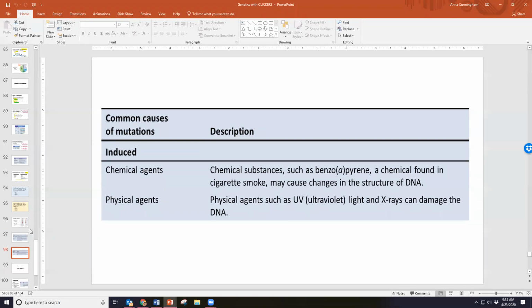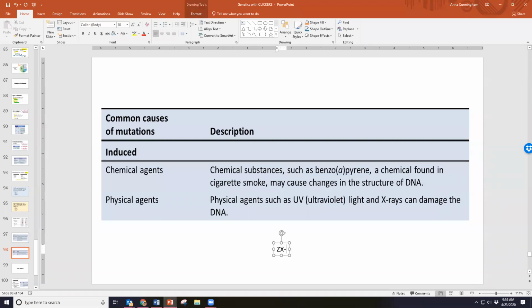And then physical agents. Everybody knows about UV light. X-rays are known to lead to DNA change, and certain types of radiation can lead to DNA change.